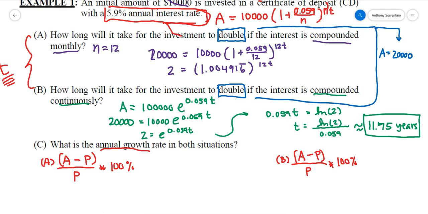So getting back to A, since it's an annual growth rate, I know that t equals 1. That's going to be true for both of these situations. And so I want to see what the accumulated amount is when I have 10,000 with that 0.059 interest rate, compounded monthly.